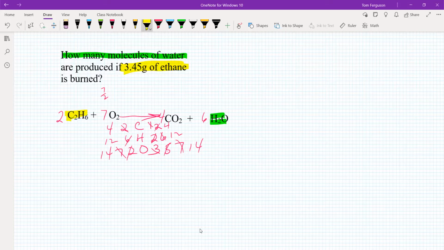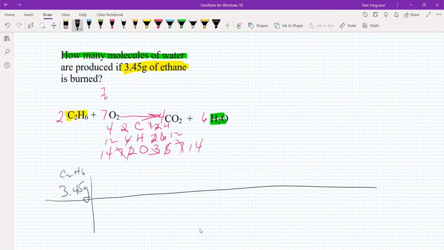We don't care about that. So what are we starting with? C2H6, 3.45 grams.